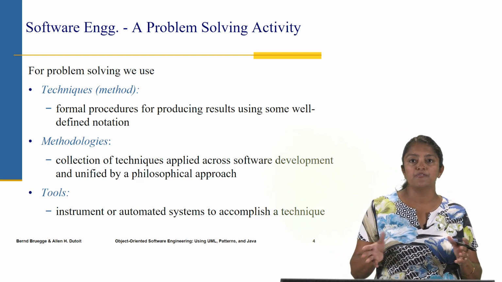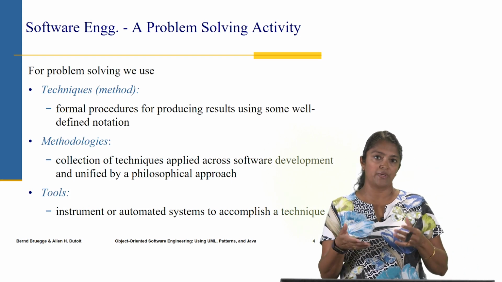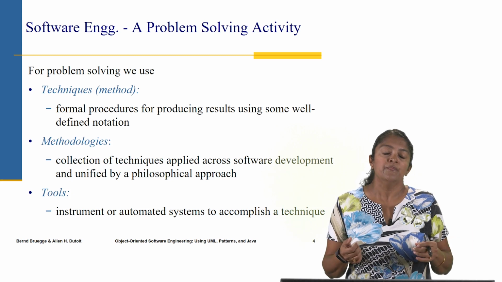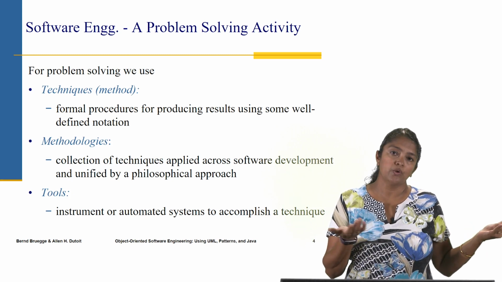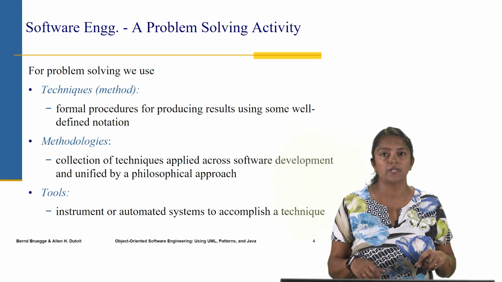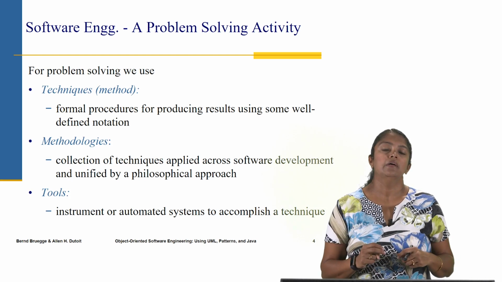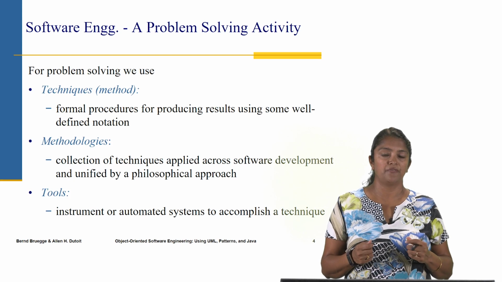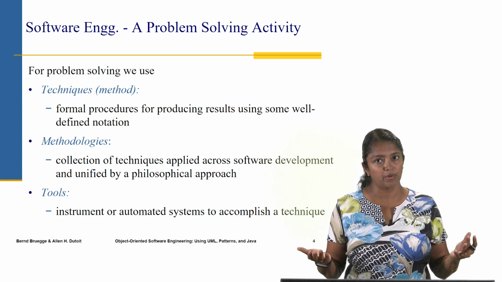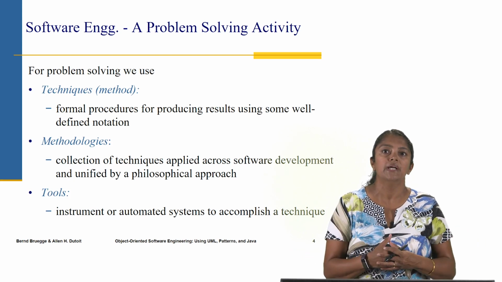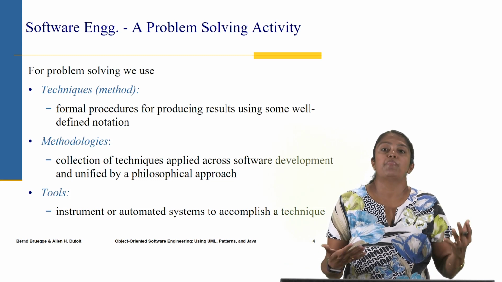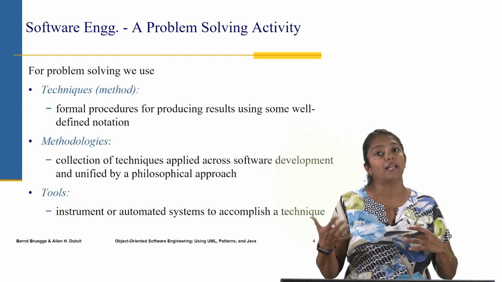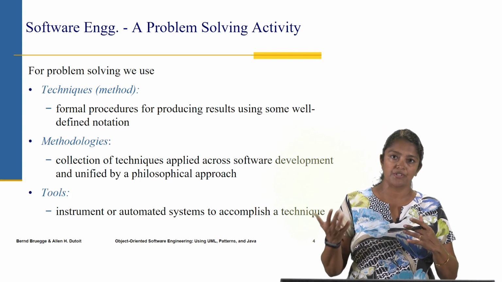And then finally we have tools, which are basically the instruments that will help us accomplish a certain technique. So in cooking, those tools would be our utensils and all the necessary things that you need in order to prepare the dish. In a similar manner, if it's the object-oriented programming methodology, then our tools would be the corresponding, say, IDE in order to do the programming, the corresponding language, be it Java or C#.